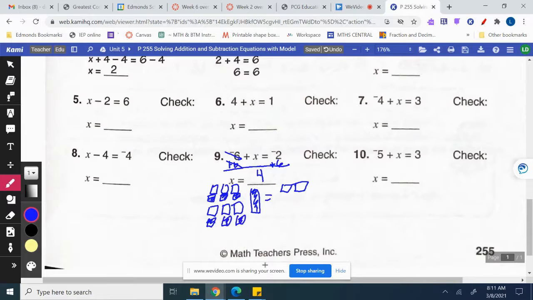And if I do it to one side, I have to do it to the other. 1, 2, 3, 4, 5, and 6. Well, I know that these cancel each other out, and these cancel each other out, so I'm left with just 4 blocks.